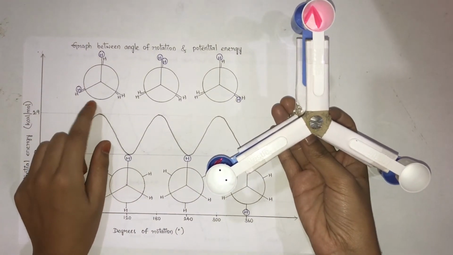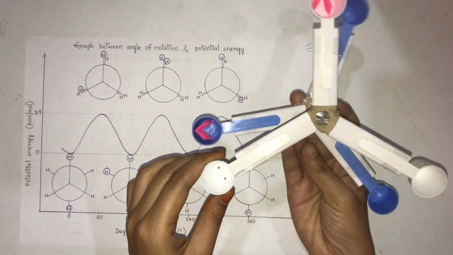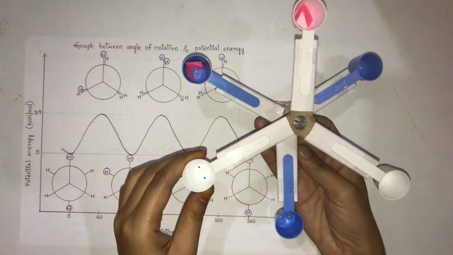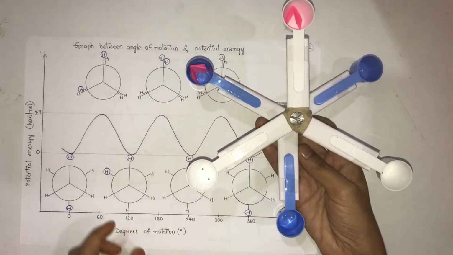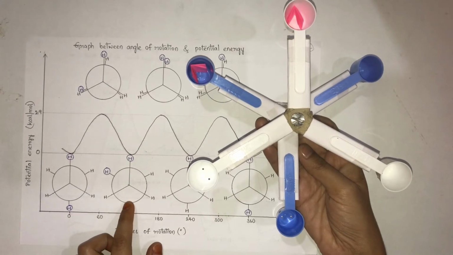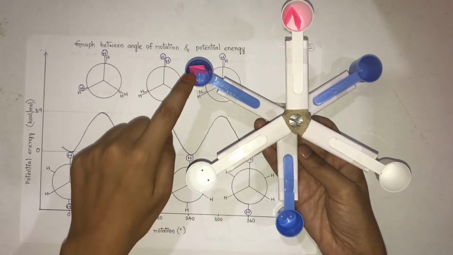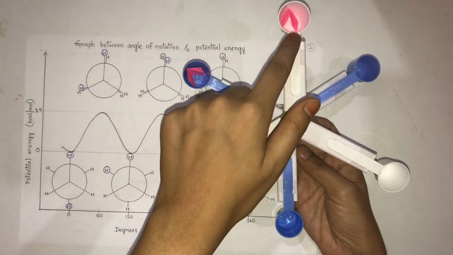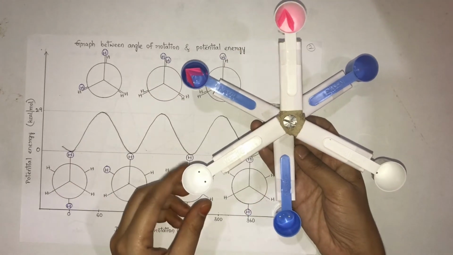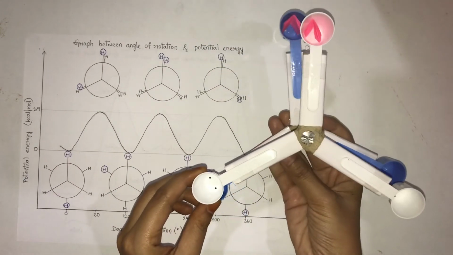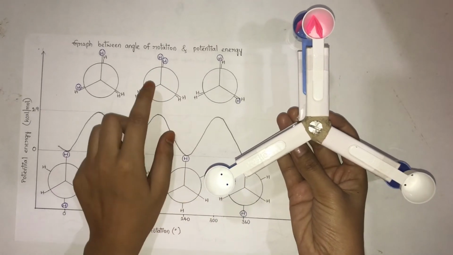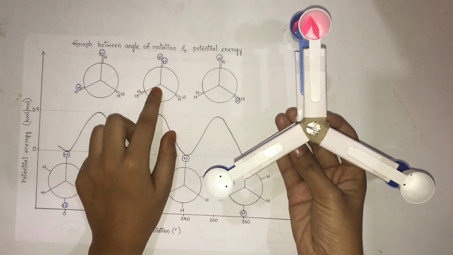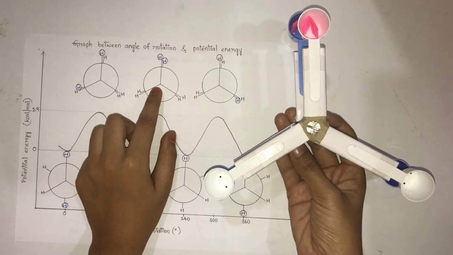Then again 60 degrees: staggered form with back carbon hydrogen and front carbon hydrogen. Again rotated by 60 degrees: fully eclipsed, where the environments of both hydrogens we are seeing are together.